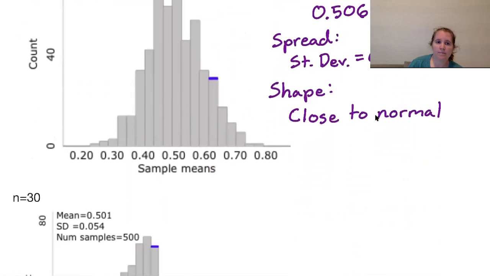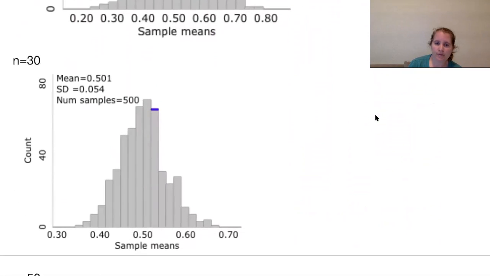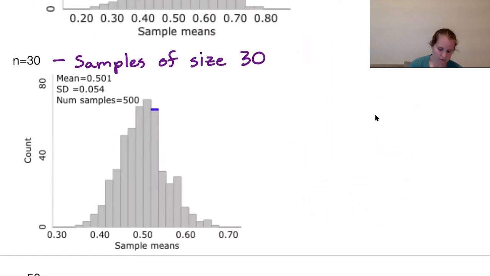Next up, let's look at n equals 30. So again, we're looking at samples of size 30. In this case, we do have what looks to be, again, close to a normal distribution.